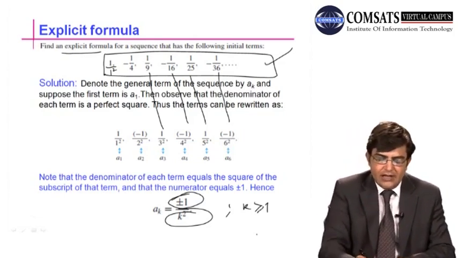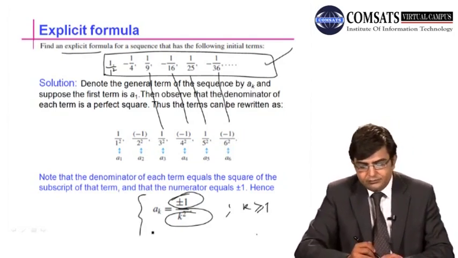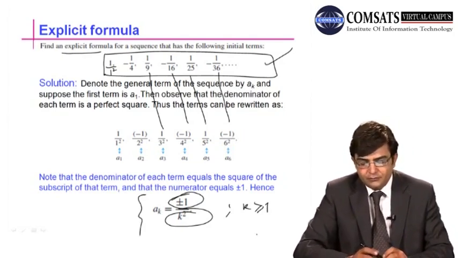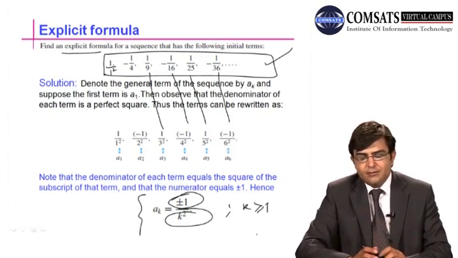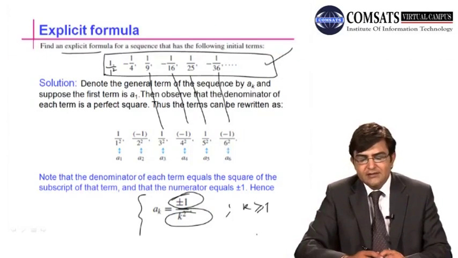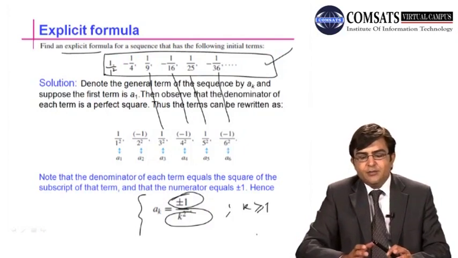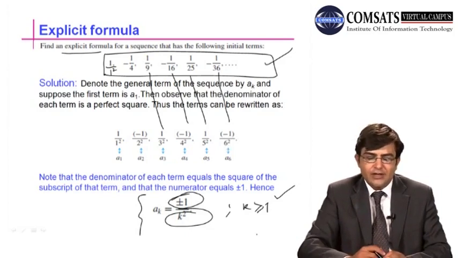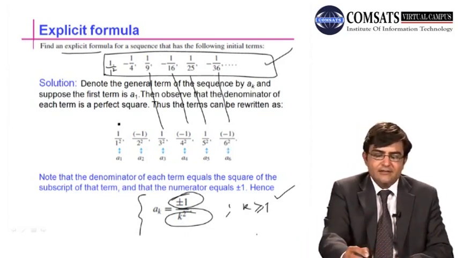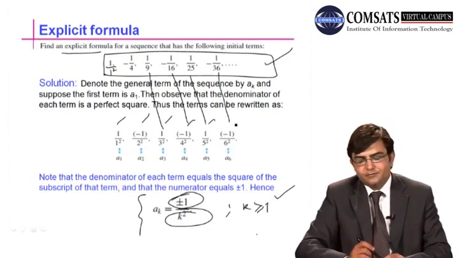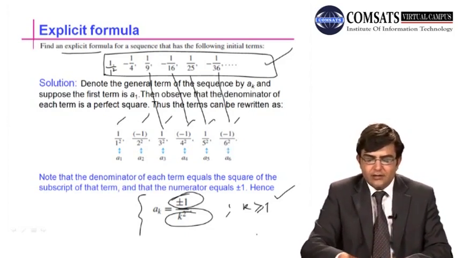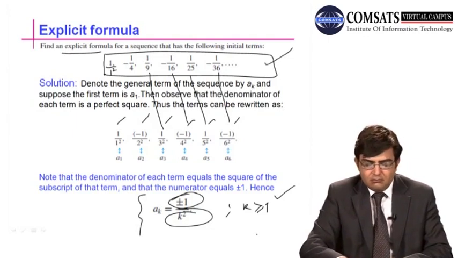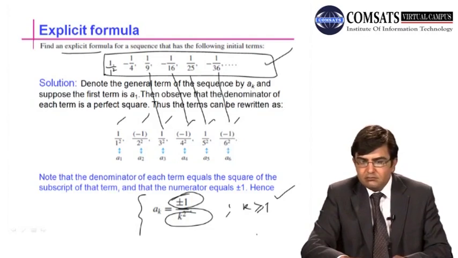Now the explicit formula or the general formula must be general, meaning if we put the values of the domain in this formula, we must obtain the successive terms of the sequence. Here if we put 1, we get plus or minus 1 divided by 1.